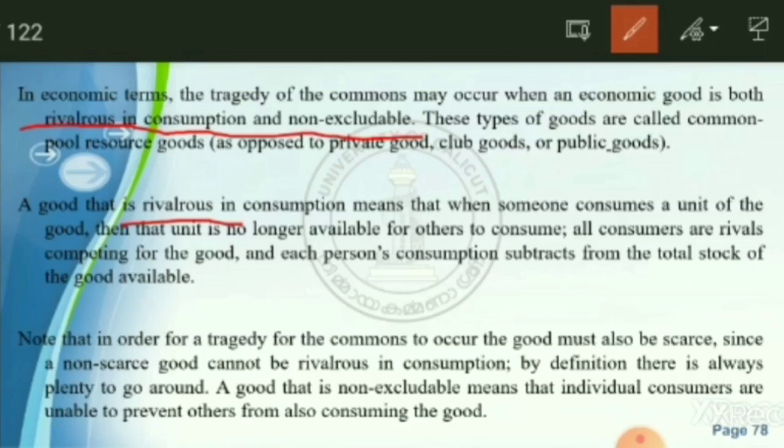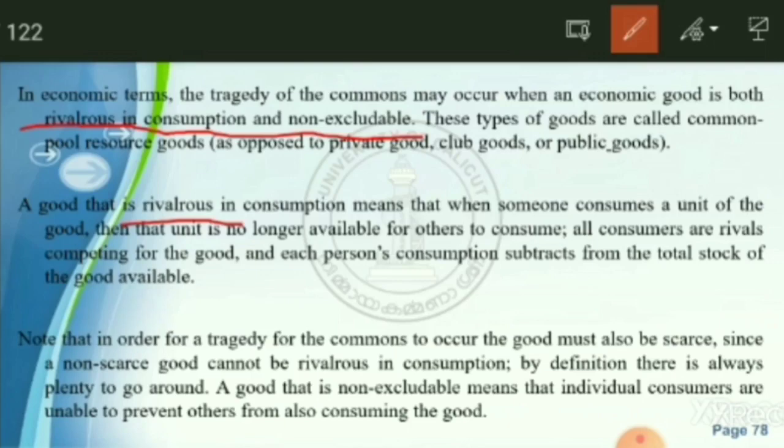A good that is non-excludable means that individual consumers are unable to prevent others from also consuming the good. That means sometimes a good is subject to payment, right? When I am not paying some amount for purchasing a good, it is not available to me because of lack of funds.